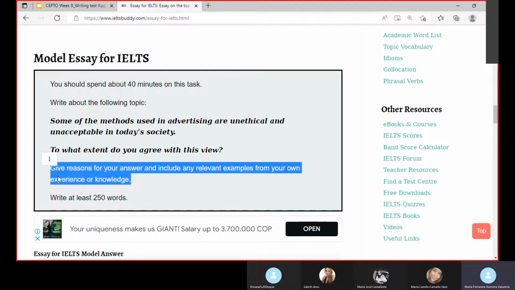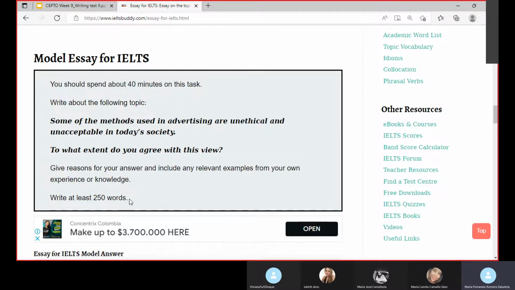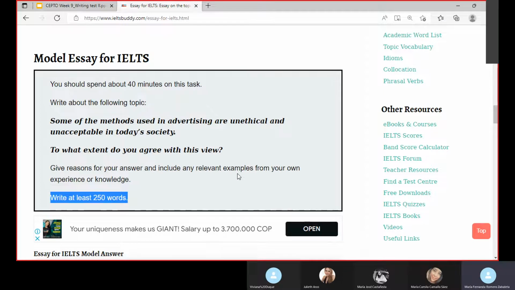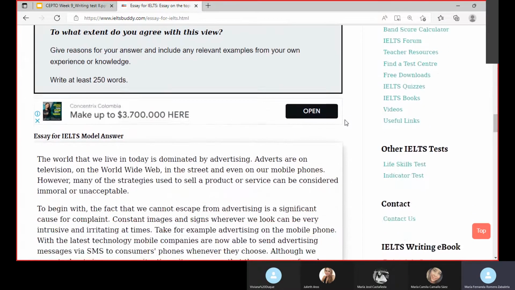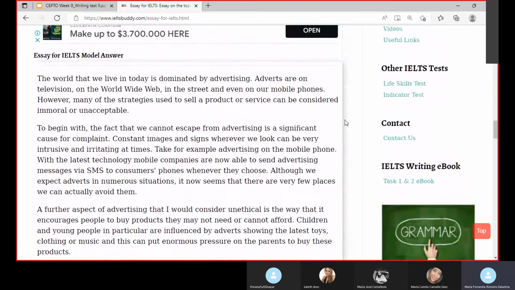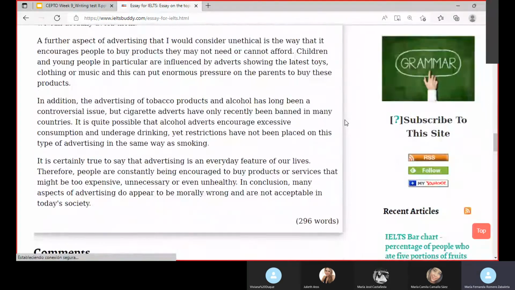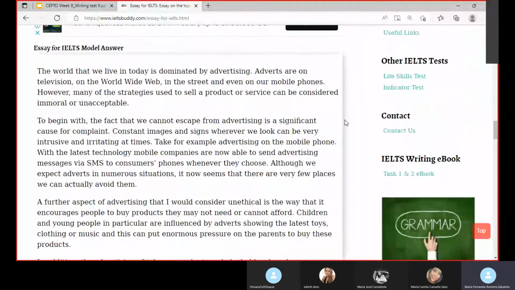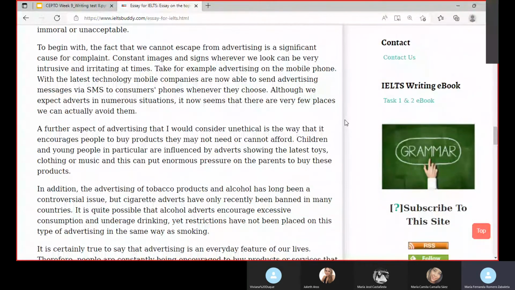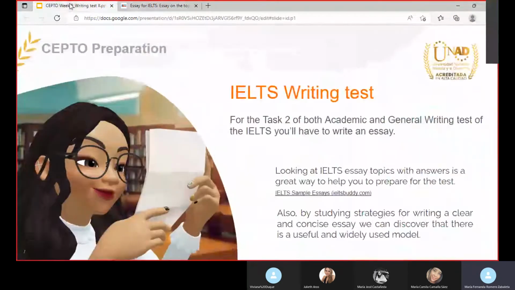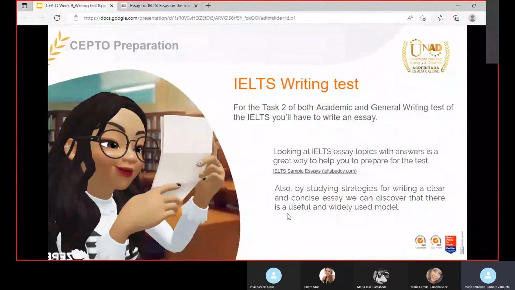They give you more specific instructions on what you have to include, the specific content of the essay, the amount of words. Okay, so yeah, and you'll find some sample model answers for this type of questions. So yeah, I recommend you to check that web page.